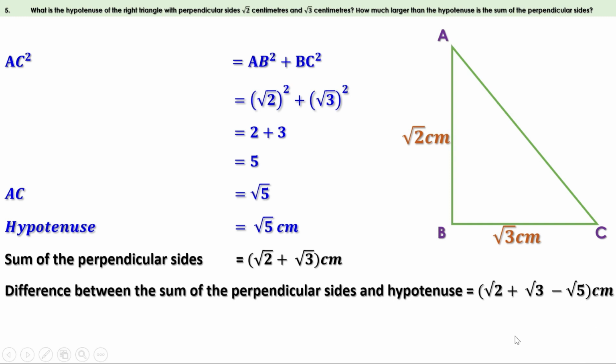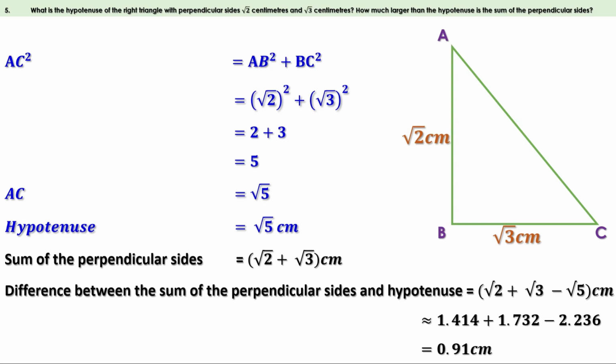So, giving the values, we can say this is approximately equal to 1.414 plus 1.732 minus 2.236. Adding these two and subtracting this, we get 0.91 centimeters. That means the sum of the perpendicular sides is more than the hypotenuse by 0.91 centimeters.